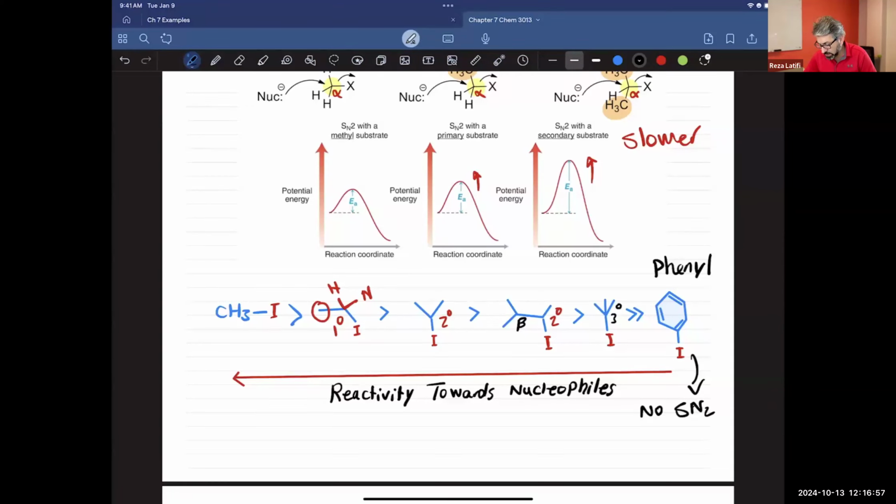Because you have a carbon with sp2 hybridization, and that one is going to be a really weak leaving group, so it's not going to happen. And we will review that one.